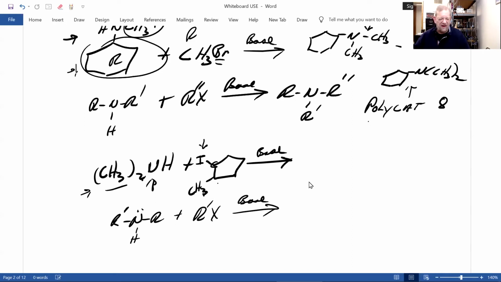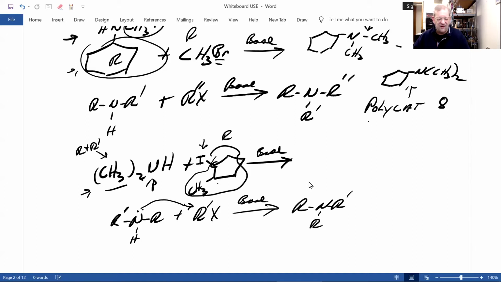We have nucleophilic substitution, nucleophilic attack on the carbon, and you form a tertiary amine. I'll call this R and R prime, and this whole thing right here is R double prime.